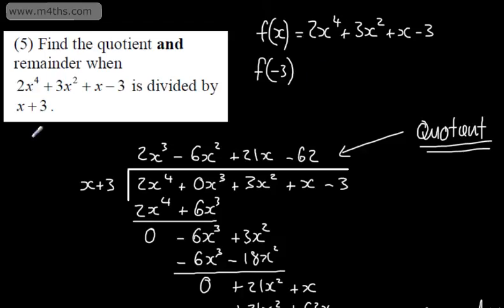I've chosen negative 3 as if x plus 3 was a factor, then we could evaluate the f of negative 3 and it would have given us 0. So with the remainder theorem, if we evaluate f of negative 3, then we will get the remainder.